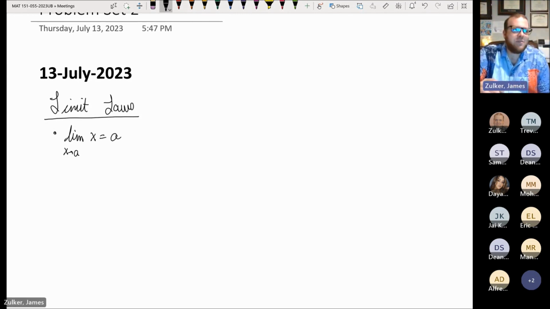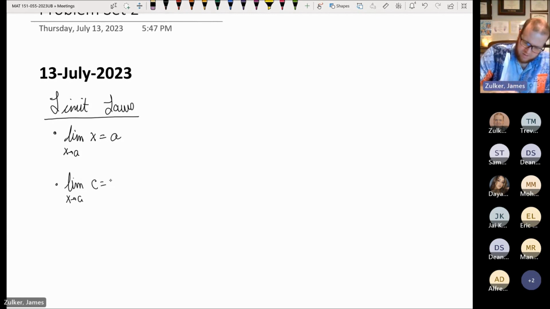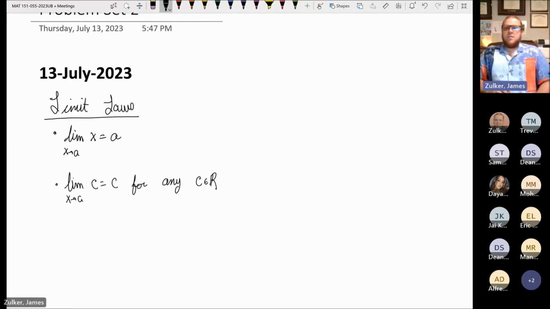Right, so the first two are just basic limits. The limit as x approaches a of x is just a. The limit as x approaches a of any real number, any constant c, is just that constant.